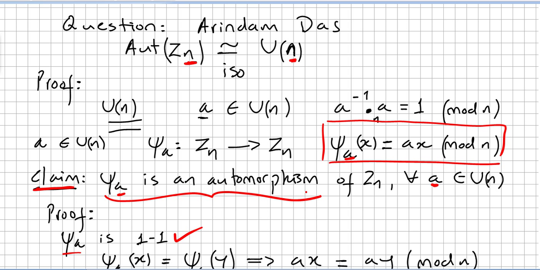What we are going to do now is to prove that I have an equivalence between this automorphism and all automorphisms. I'm going to erase this here.